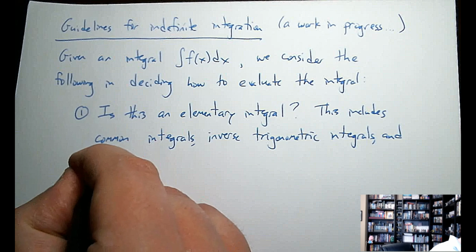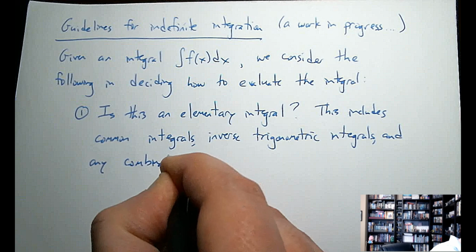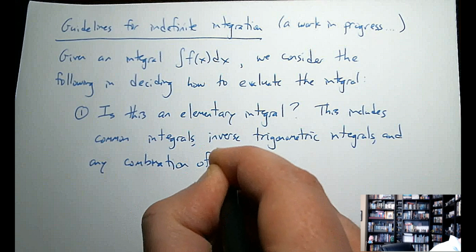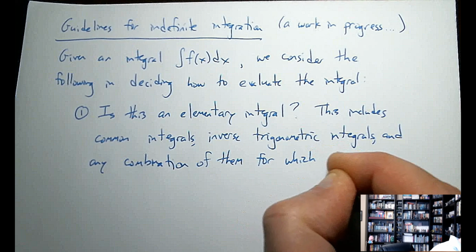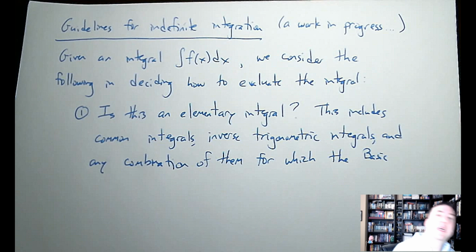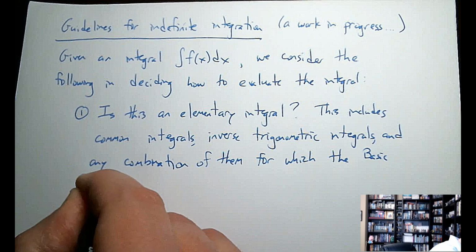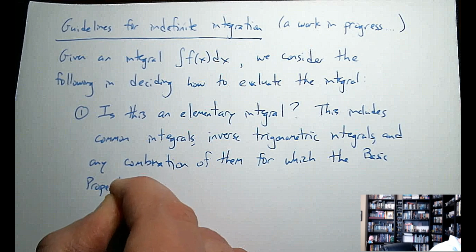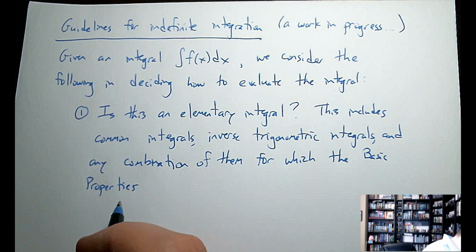And it would include any combination of them for which the basic properties apply. So sums, differences, constant multiples. But of course not products, not quotients, not composition in general.